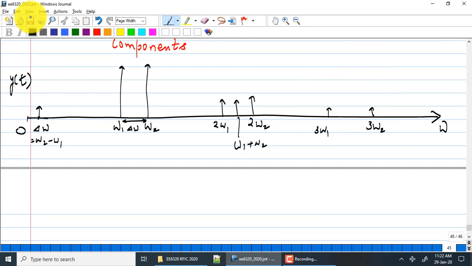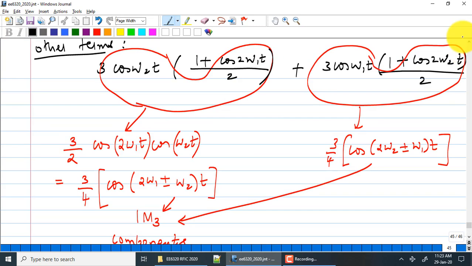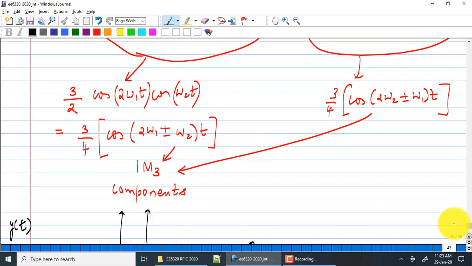No, I'm just going based on the expansion that we did from the DC, alpha 1 term, alpha 2 term, alpha 3 term. That's the way I'm going. But okay, so the alpha 3 x cube of t term will give you 3 omega 1, 3 omega 2. It modifies omega 1 and omega 2 terms. That basically changes the amplitude. But apart from this, we saw that it gives you 2 omega 1 plus or minus omega 2 and 2 omega 2 plus or minus omega 1. Okay.